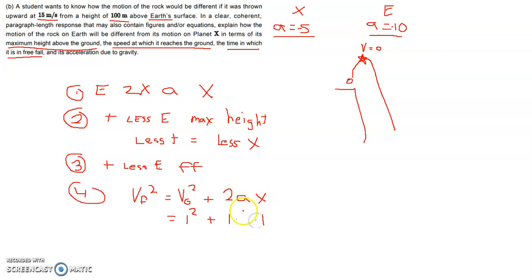However, we doubled this, right? So the final velocity will actually be the square root of 2, which I think is about 1.4. Yeah, it's 1.4. So it will hit the ground with 1.4 times the speed as on planet X.